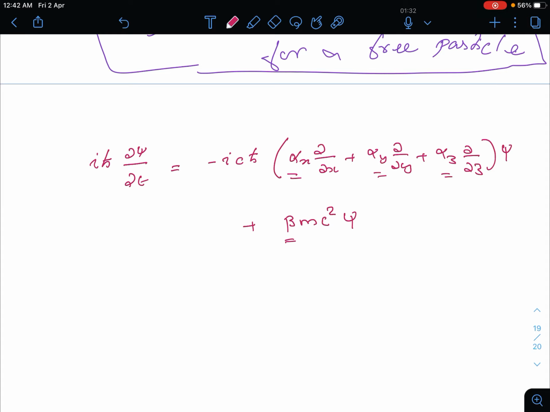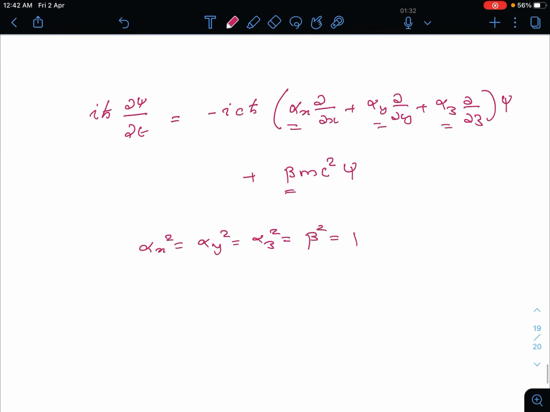We already know that αx² = αy² = αz² = β² = 1, and of course αx, αy, αz are anti-commuting. So we said that these properties may lead us to assume that the alphas and betas are some form of Pauli spin matrices.